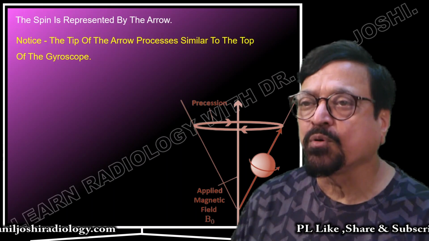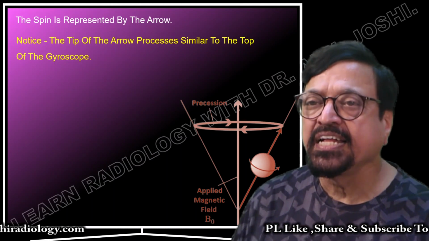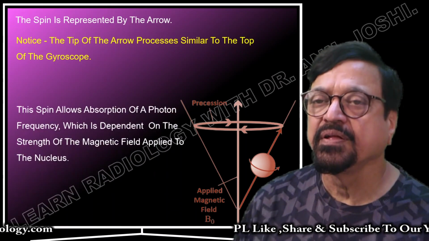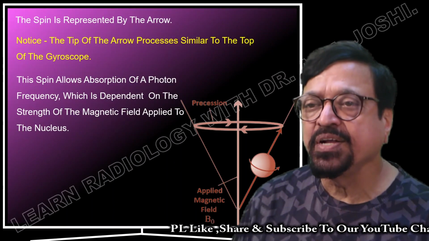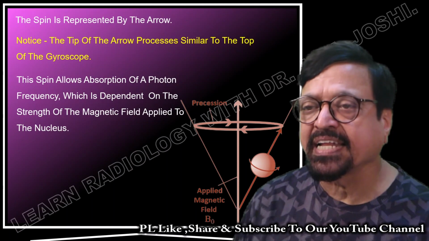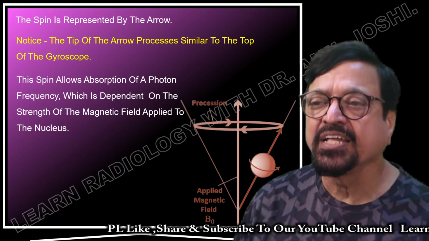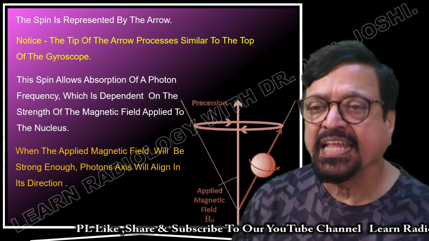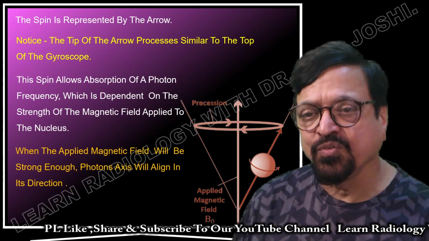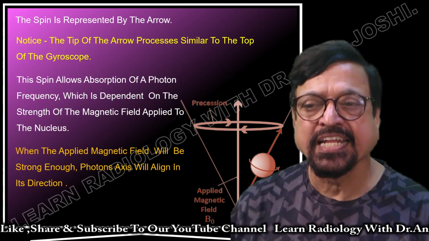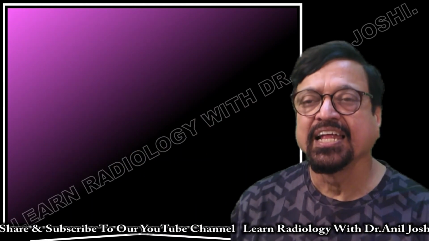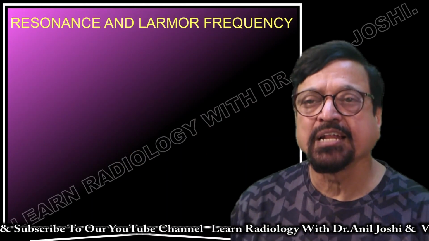The tip of the arrow is similar to the tip of the gyroscope. This spin allows absorption of a photon frequency which is dependent on the strength of the magnetic field applied to the nucleus. When the applied magnetic field is strong enough, the proton axis will regain its direction. It will go to its original position.